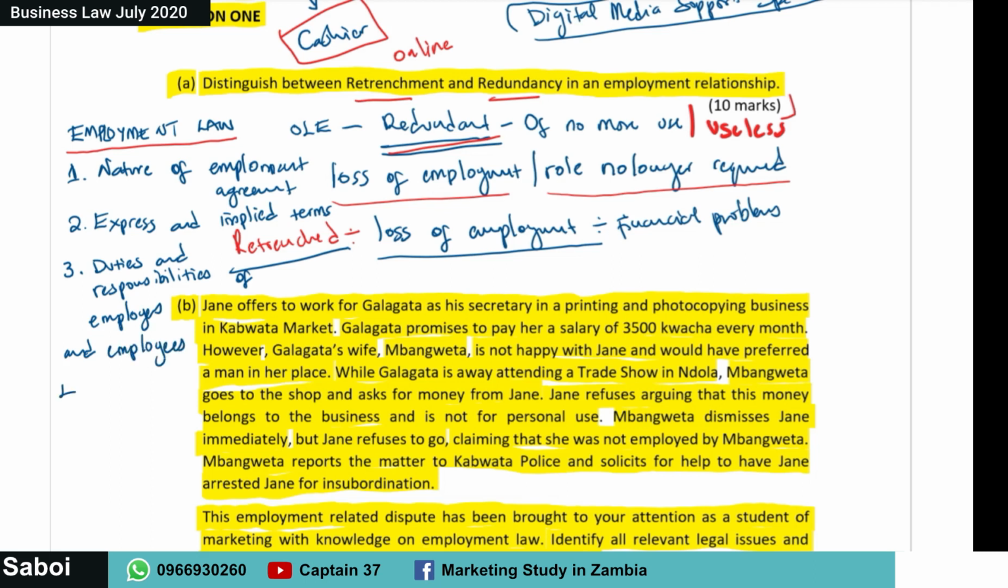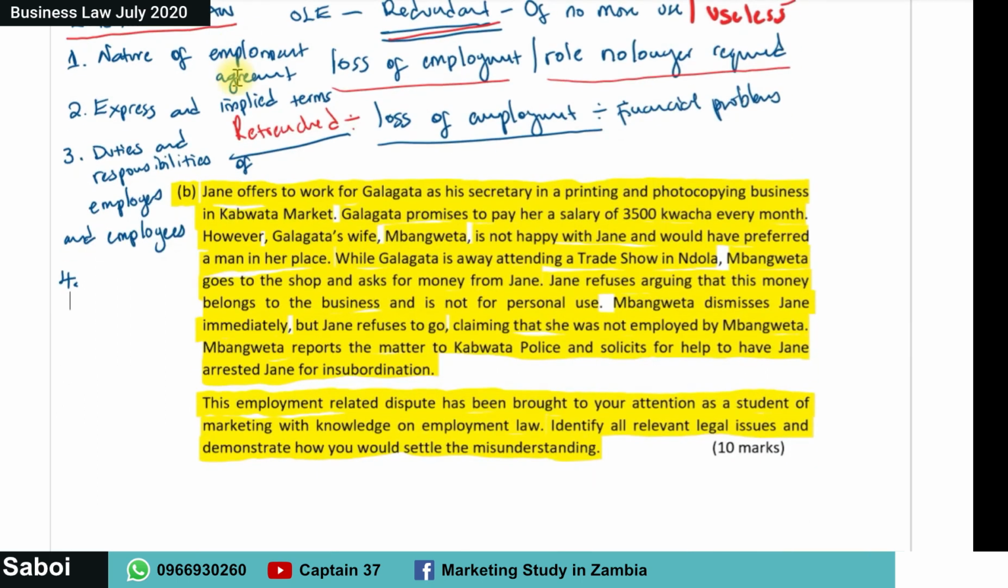Very important. Number 4, you also need to cover the differences between an independent contractor and an employee.